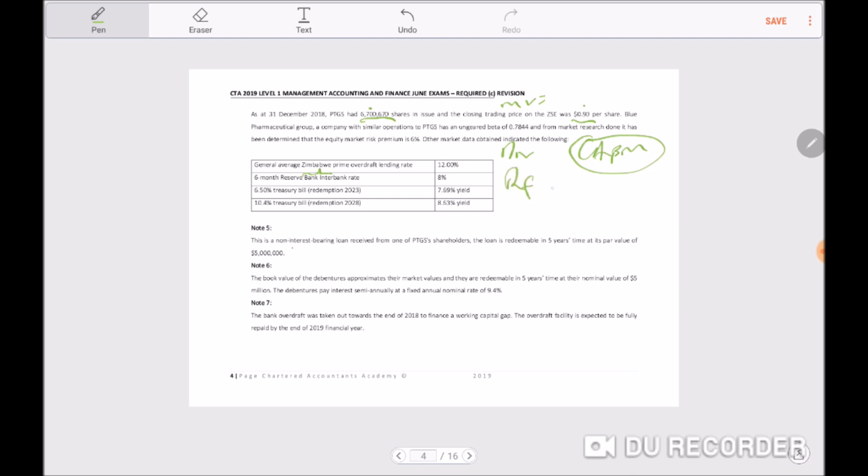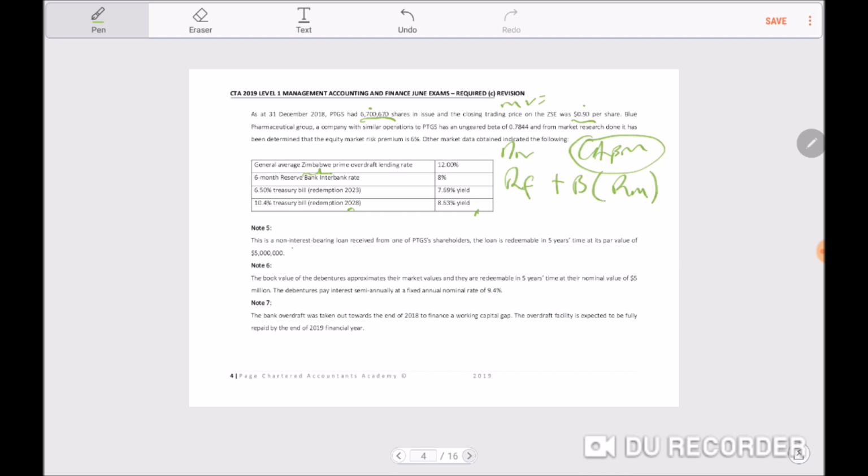The CAPM formula is risk-free plus beta times RM, the market risk premium or the equity risk premium. We're going to take 8.3 since it is a treasury bill expiring in 2028. 2028 is quite a long period from 2018, which better estimates the lifetime of this company.